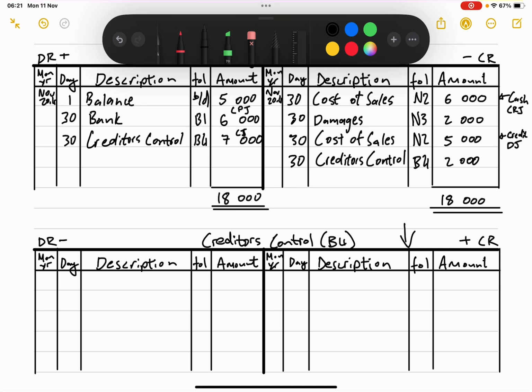So 18,000 less 2,000, less 5,000, less 2,000, less 16,000 is going to be 3,000. And this is going to be your carried down amount into the next month. So your balance carried down is going to be that. And then you'll have an opening balance for December brought forward.